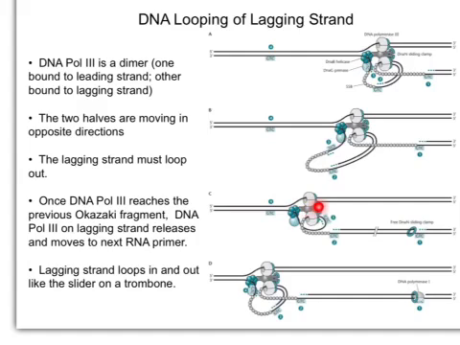So the clamp has to attach a new clamp each time the DNA polymerase on the lagging strand releases the DNA. That requires a new clamp to be associated, so that's the clamp loading complex.